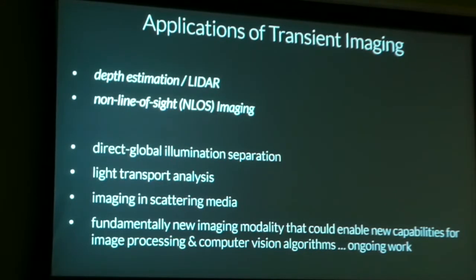We could use it to image through scattering media like fog or murky water because we have this time resolution and can see how the light scatters through things. And this is an emerging imaging modality, and I think there are a lot of exciting applications that we have yet to uncover and still a hot topic of research.